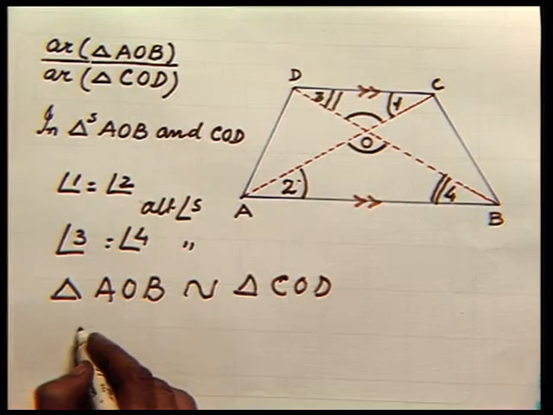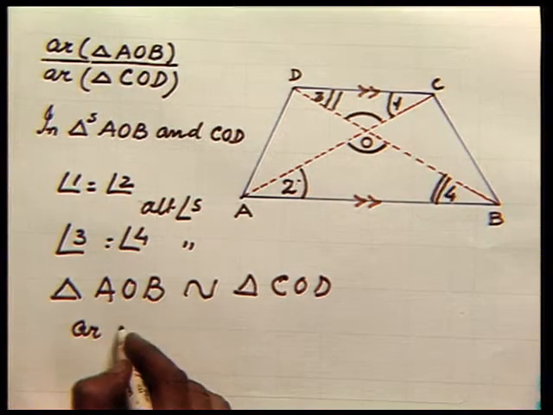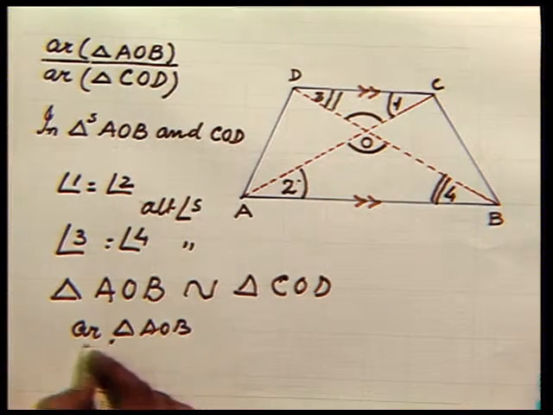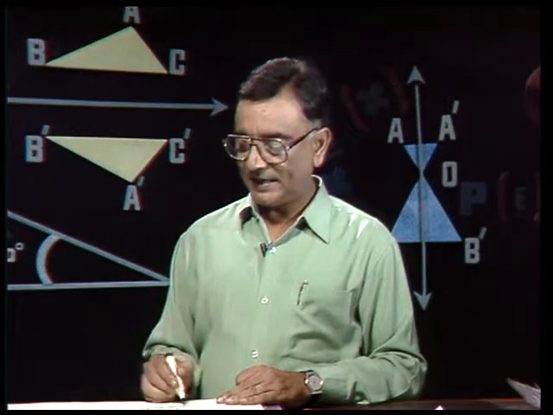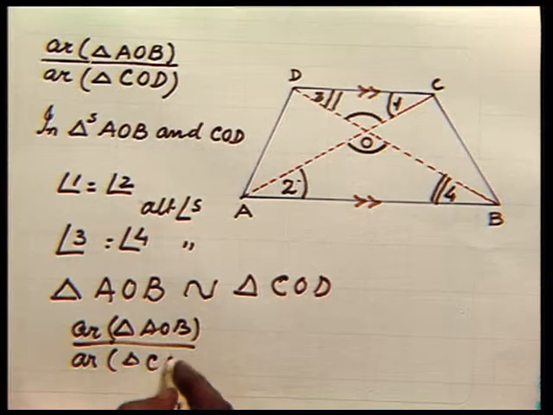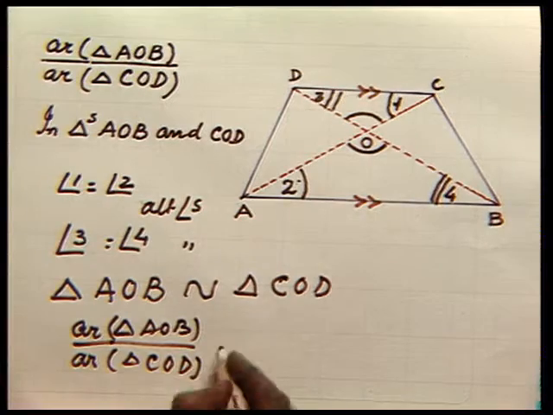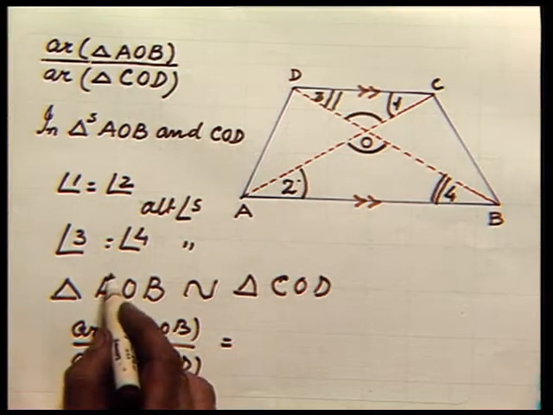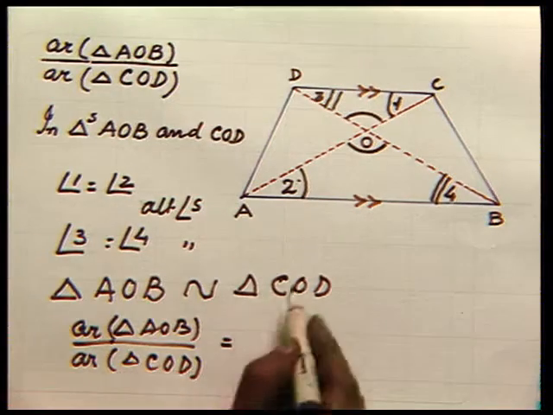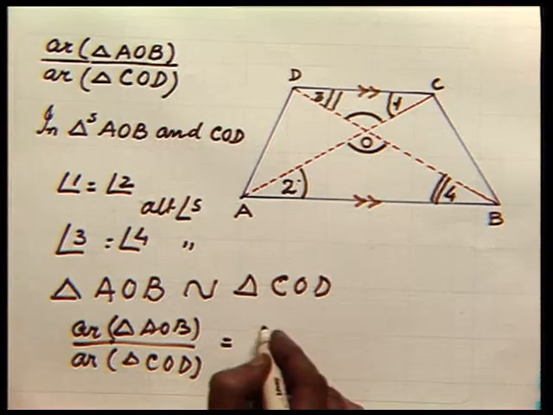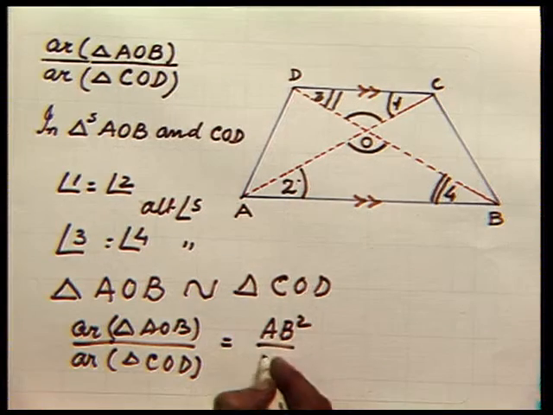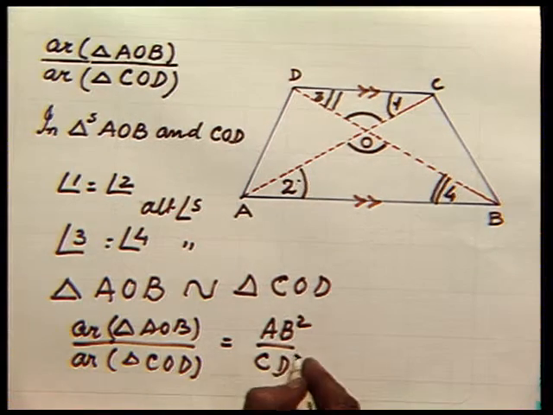So, the ratio of the area of triangle AOB upon the area of triangle COD will be equal to, corresponding to side AO is the side CO, corresponding to side AB is the side CD. So, this is equal to AB squared upon CD squared.